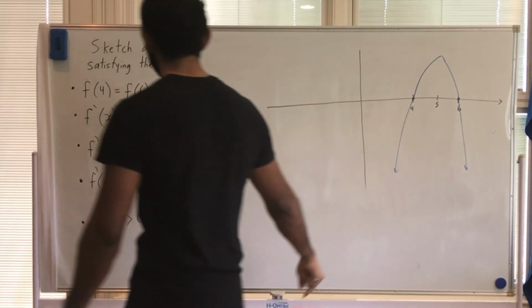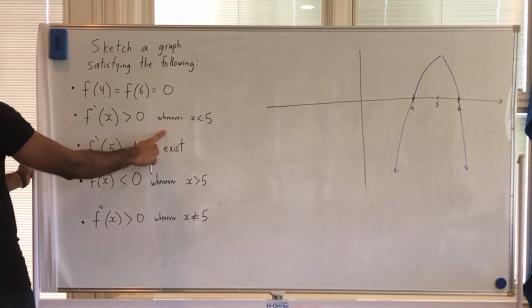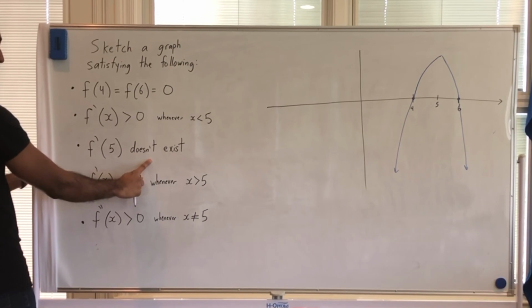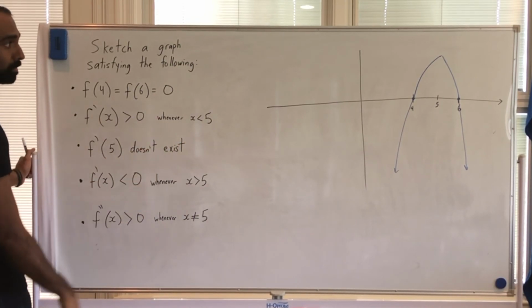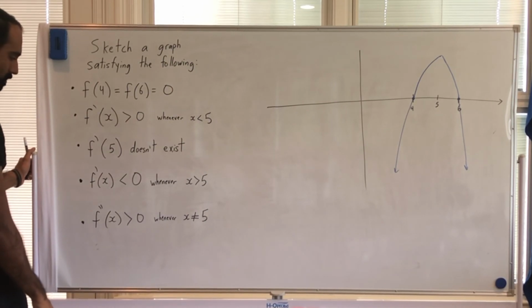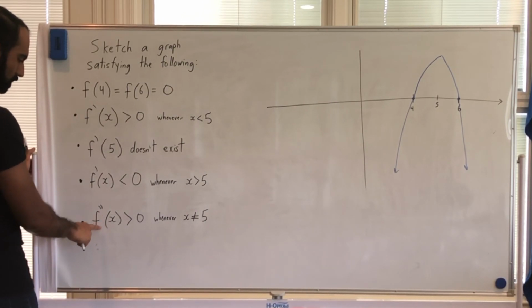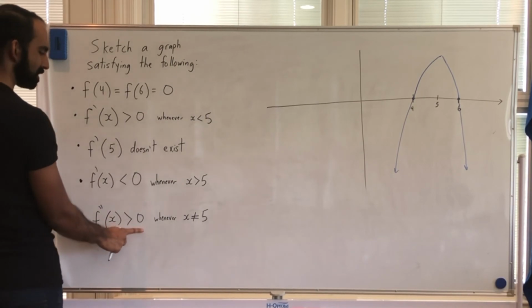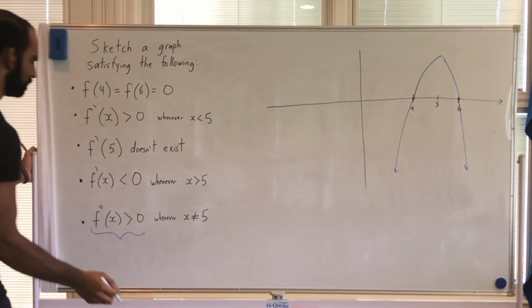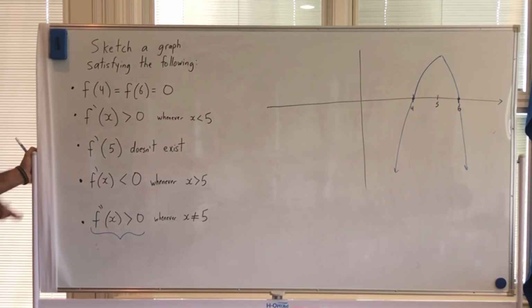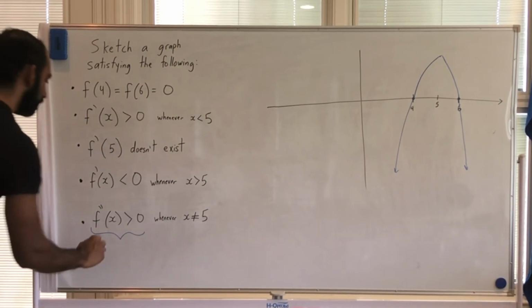So this graph definitely checks off the first one, the second one. The third one, there's a sharp point at 5. The fourth one, the slope's always negative from 5 onwards. What about this? The second derivative is positive, it's always concave up.